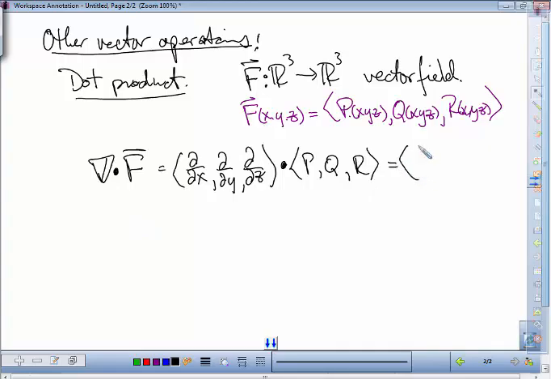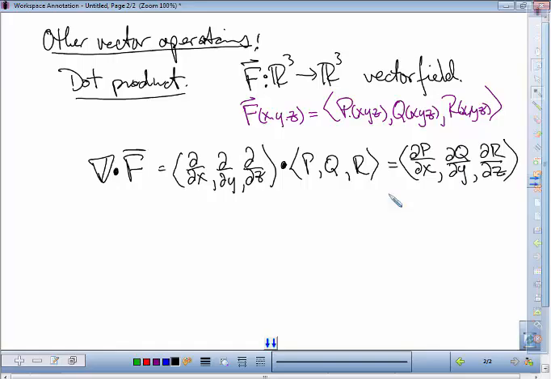I can write it a couple of different ways. I'll use Leibniz notation, the partial of P with respect to x, partial of Q with respect to y, and then the partial of R with respect to z. Or I could write P sub x, Q sub y, R sub z. But in any case, this is my dot product.